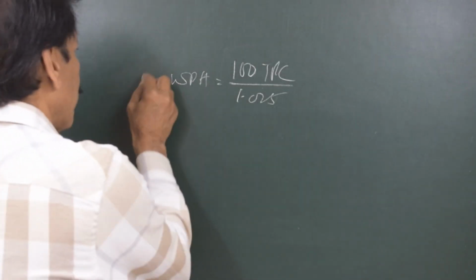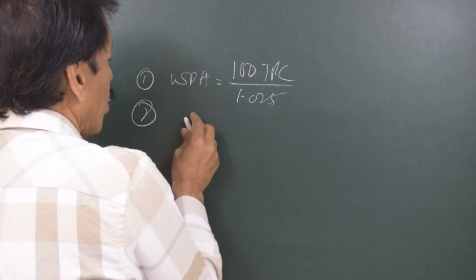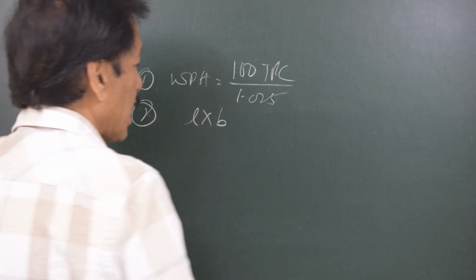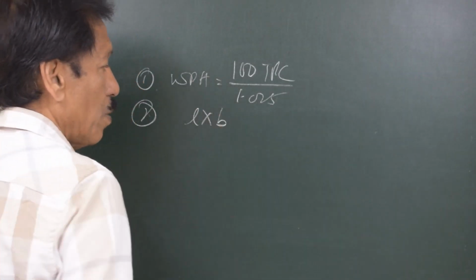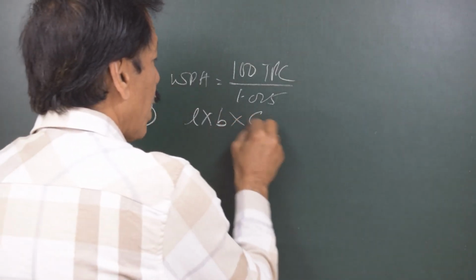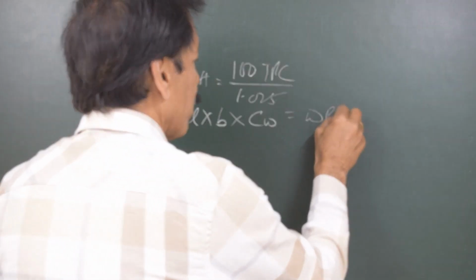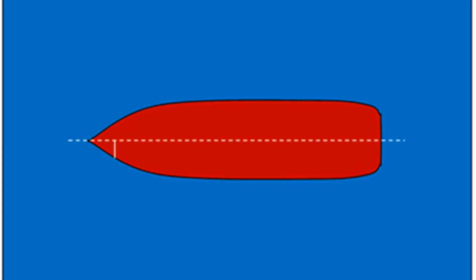This is one method. The second method, which I told you, is length into breadth of the rectangle circumscribing the water plane area, multiplied by the water plane coefficient, is also the water plane area. The third method is Simpson's.